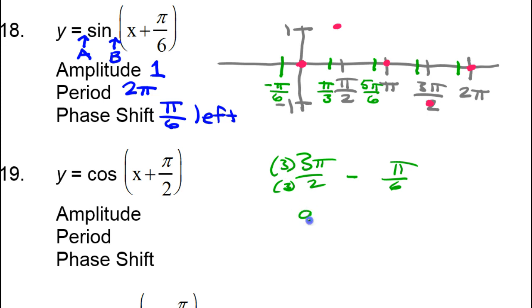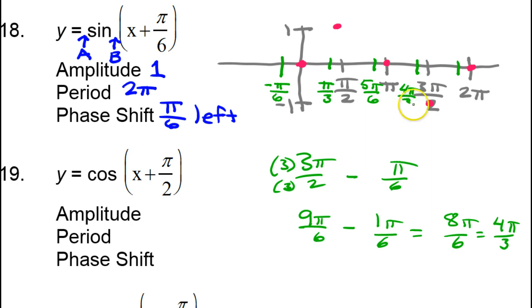So this is really 9 pi over 6 minus 1 pi over 6, which is 8 pi over 6, which reduces down to 4 pi over 3. So the name of this is going to be 4 pi over 3. Okay?